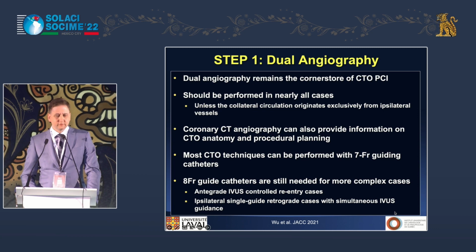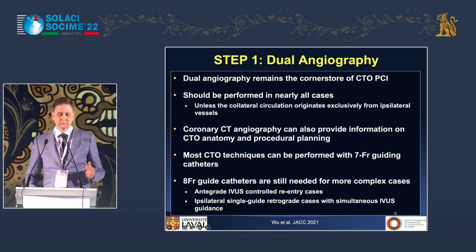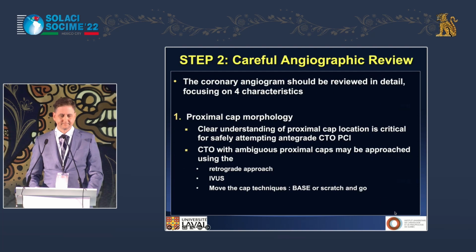And it is important to know that most CTO techniques can be performed with a 7 French guiding catheter. Of course, 8 French guide catheters are still needed for more complex cases like antegrade IVUS-guided reentry cases, or ipsilateral single-guided retrograde cases with simultaneous IVUS.